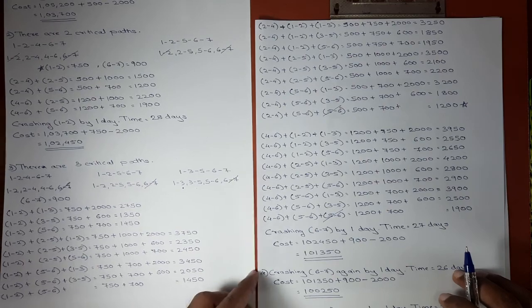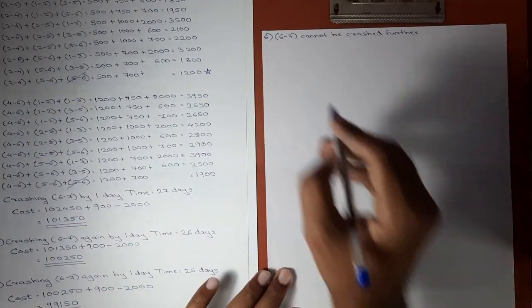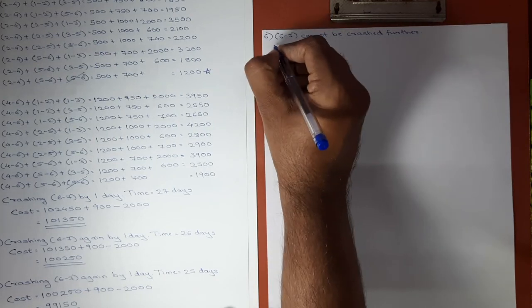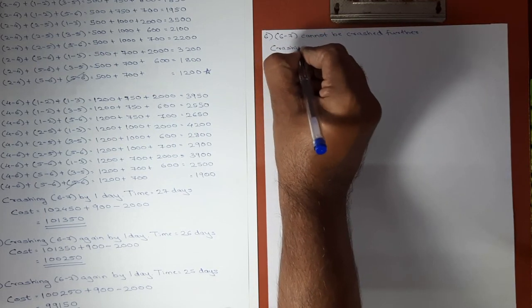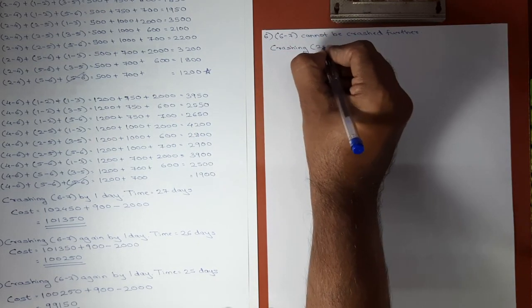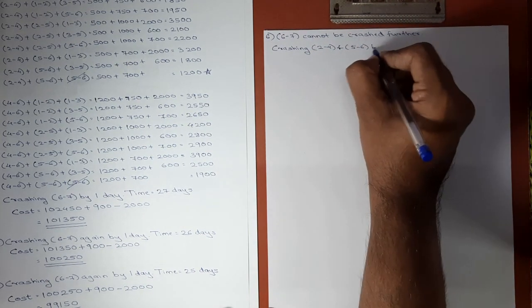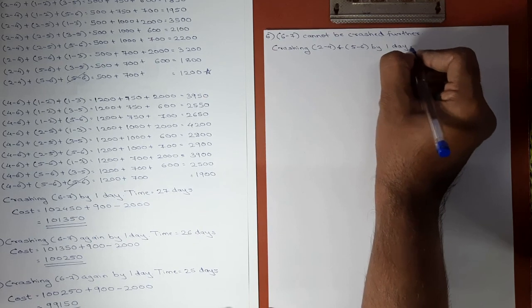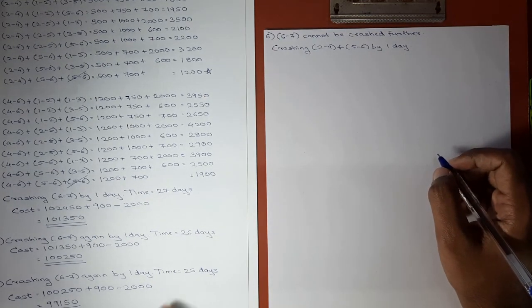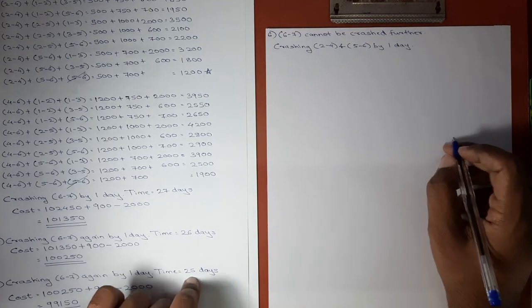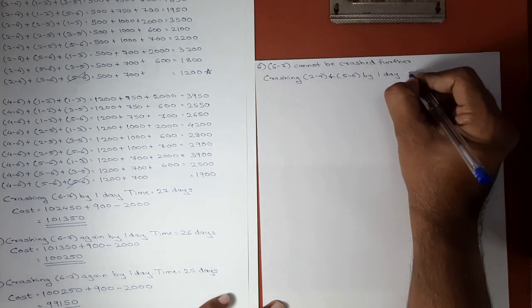Okay, so in the sixth step of crashing, we'll be crashing activity 2 4 and 5 6 by 1 day. The time was 25 days in the last step. Now the time will be 24 days.